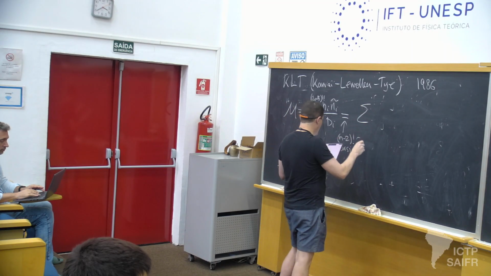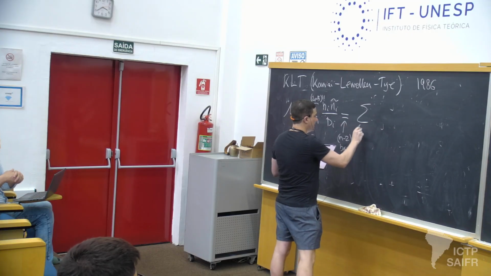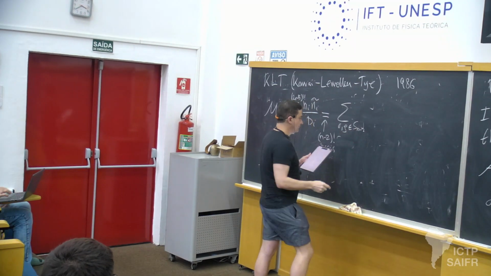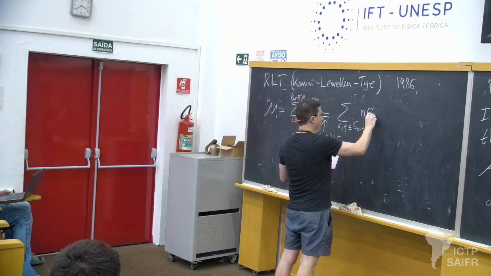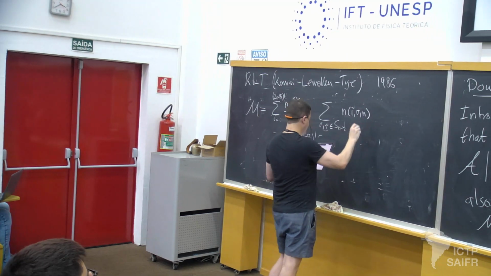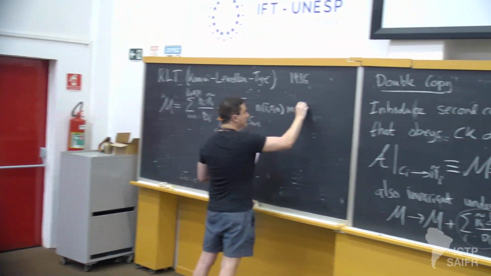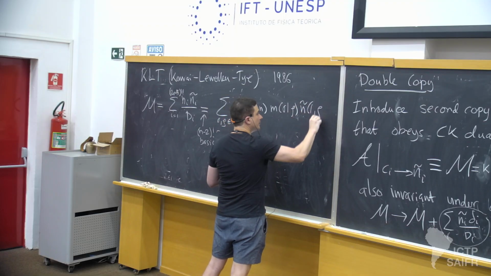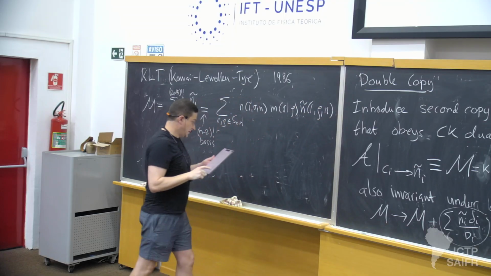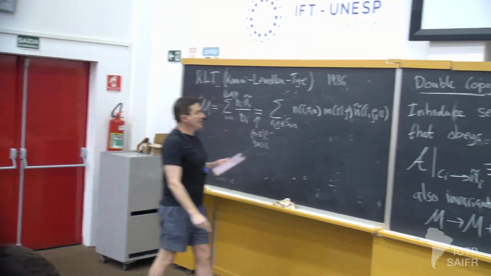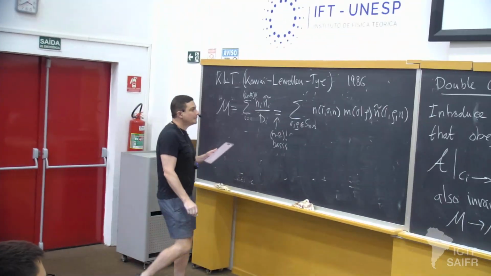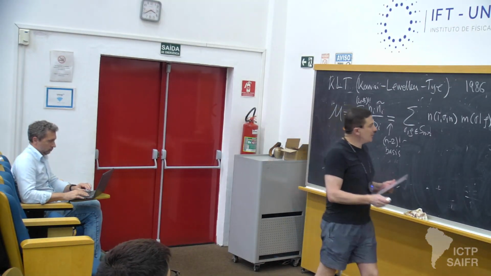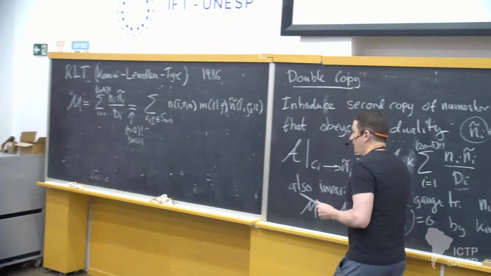And then we get a sum over sigma and rho, which both belong to S_{n-2}. Then we have the numerator N(1, sigma, n) and m(sigma, rho) and the twiddle N(1, rho, n). I have to apologize for the many n's which are different here. Okay, so this is not yet KLT, but it's in the direction of KLT.